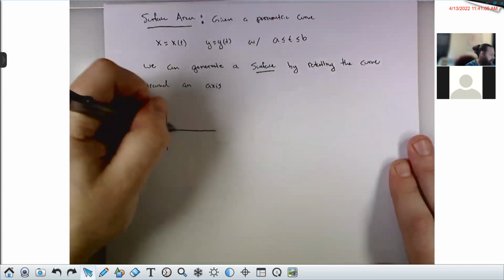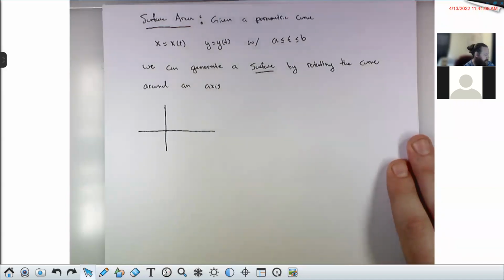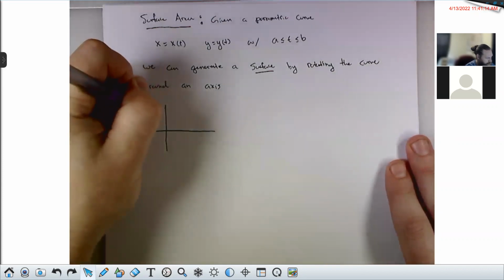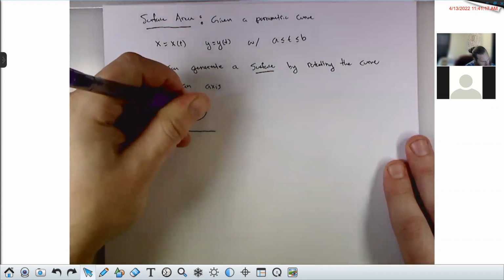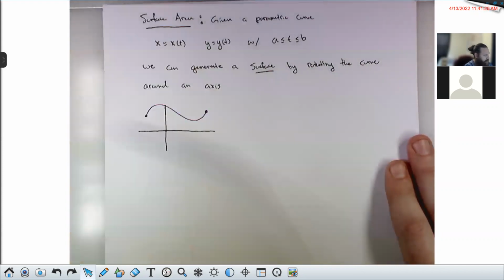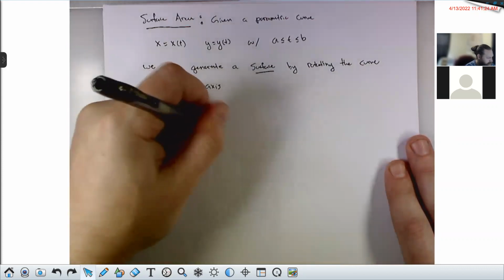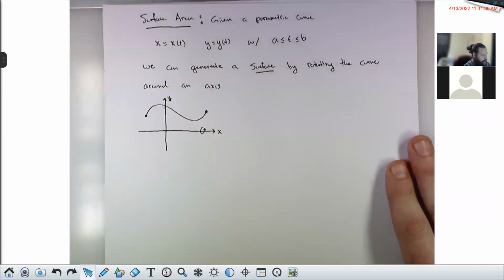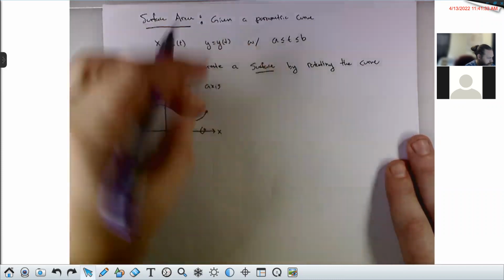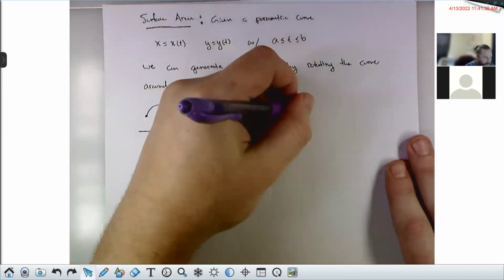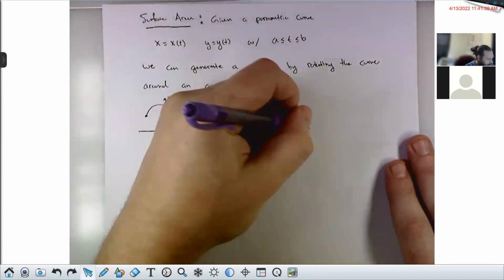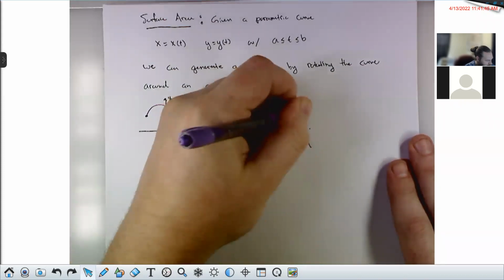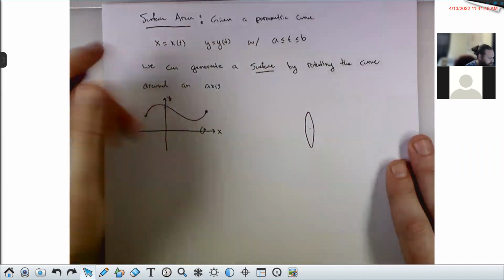If my parametric curve looks something like this, and I rotate that about the x-axis, then that will create a surface looking something like this.